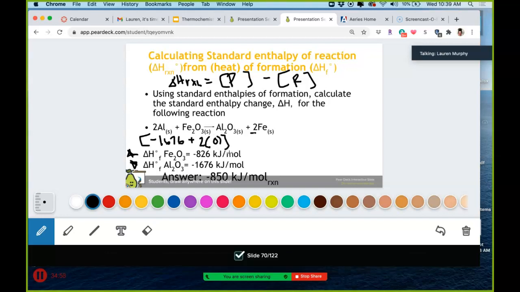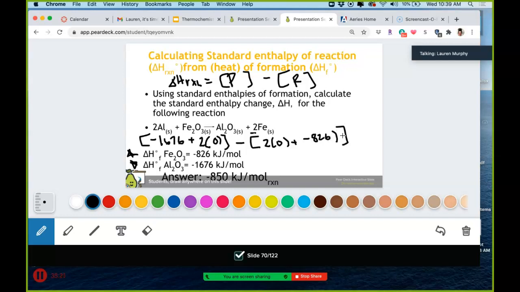Why? It's a pure element. It's expected that you know that. So products minus reactants. My reactants are 2 times aluminum, which is 0 because it's a pure element, plus iron 3 oxide. I'm given it right here. Here's its enthalpy of formation, -826.